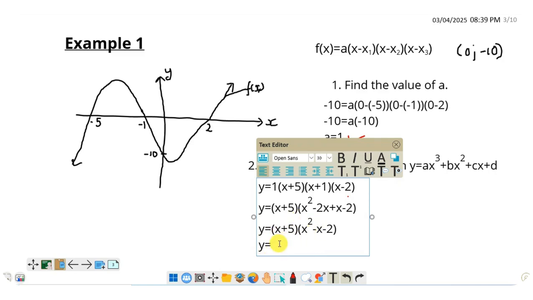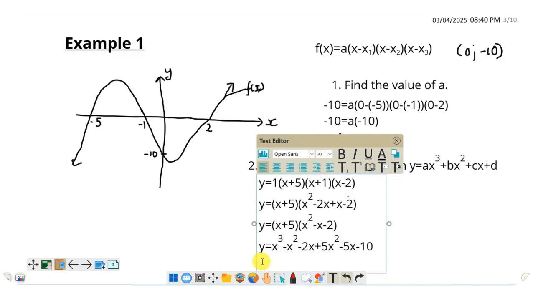X multiplied by x squared is x cubed, and x multiplied by negative 2 is negative 2x squared. 5 multiplied by x squared is 5x squared, 5 multiplied by x is 5x, and 5 multiplied by negative 2 is negative 10. So let us simplify, grouping the like terms here.